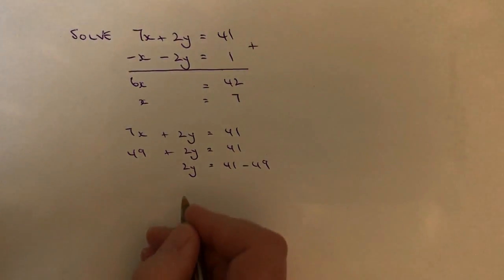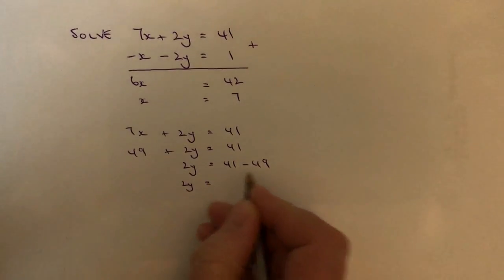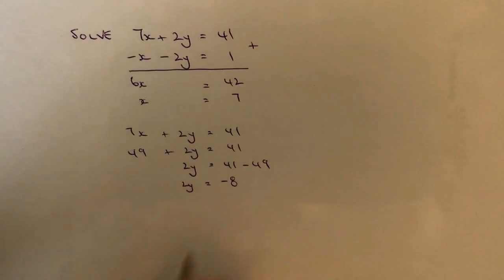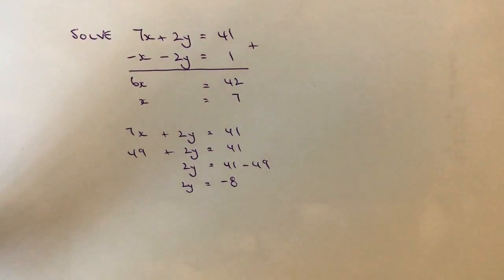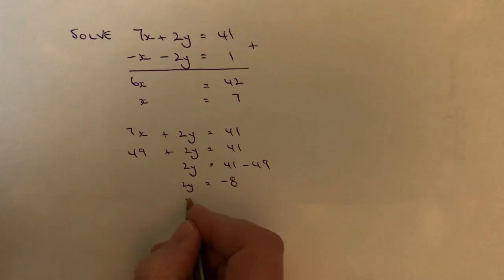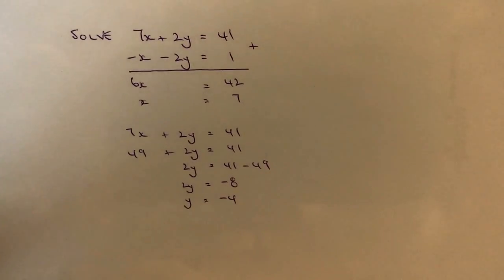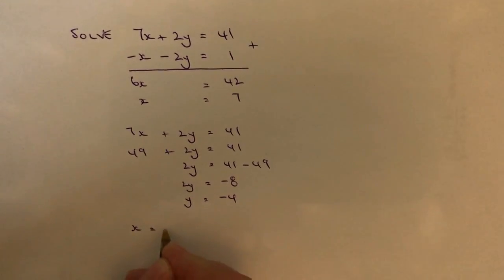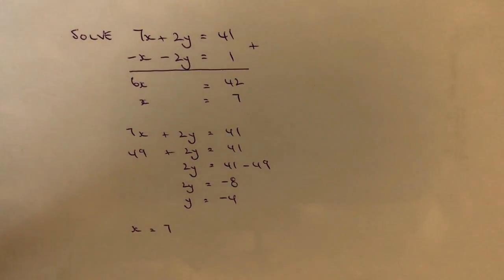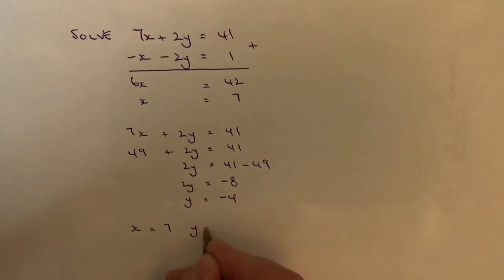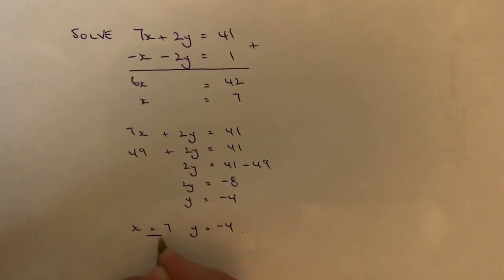Now if I work that out, I get 2y equals minus 8. Okay, so 2 lots of y are minus 8. To find 1 lot of y, I simply divide through by 2 and I get y equals minus 4. And that's my two answers. So in this particular set of equations, the x value equals 7 and the y value equals minus 4.